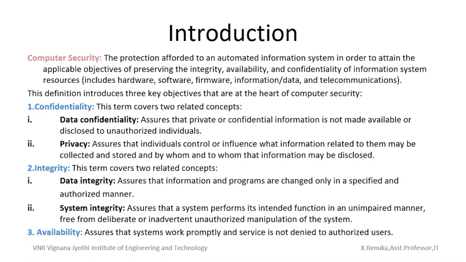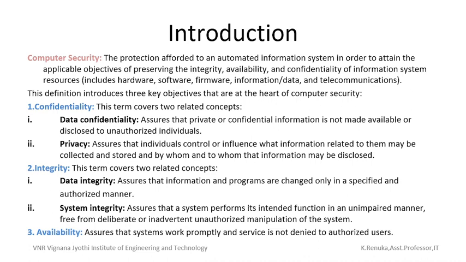Second is integrity. Integrity means the data sent should be received by the receiver without any alterations, that is, no additions, no modifications and no deletions. Integrity is divided into two parts: data integrity and system integrity.